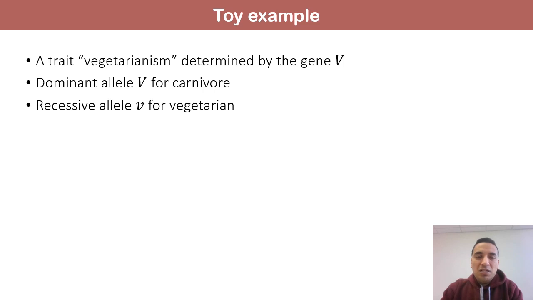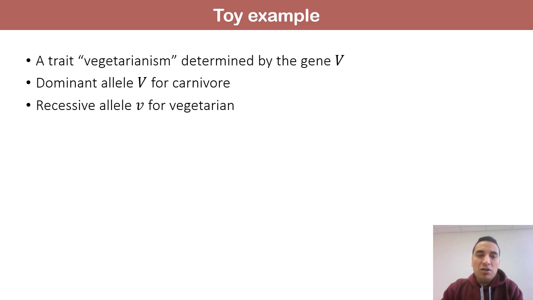Now let's talk about how this problem can be solved. Let's look at a toy example. Let's think of another trait that is really not a genetic trait, but we'll just give this as an example: a trait called vegetarianism, whether you are a vegetarian or not. Suppose this trait is determined by the gene big V. You have two alleles, just a simple case.